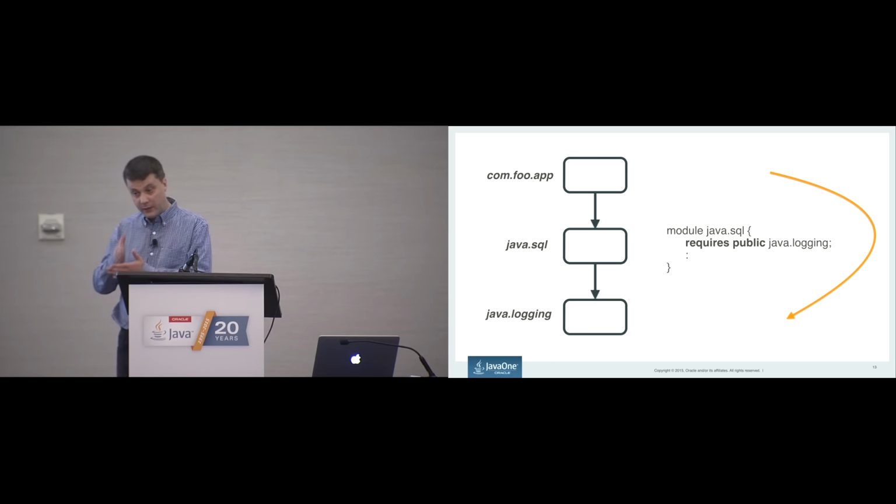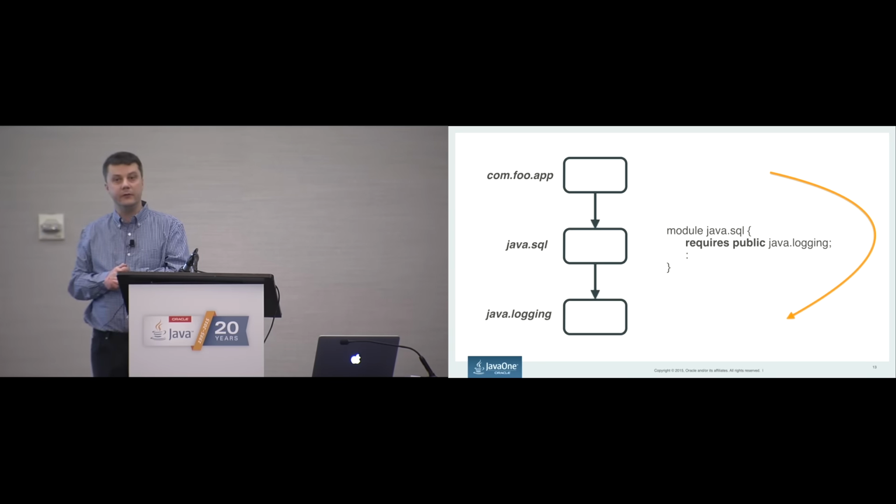So if a module depends on another module, it's said to read that module. In this example, we have a module confu app that depends on, or reads, Java SQL. Java SQL reads logging. And the way for the SQL module to be a good citizen and let the consumers of its module know that it's returning types, or has method signatures, that are in some other module, is that it declares that dependency in a special way called requires public.